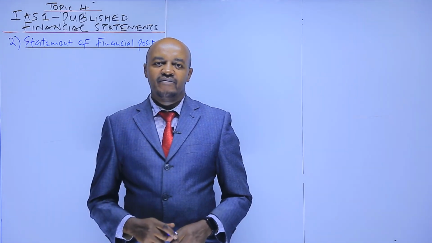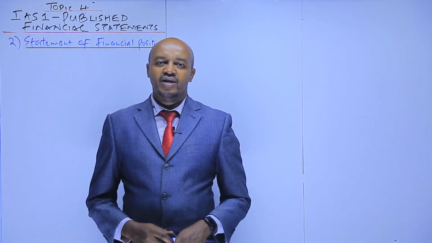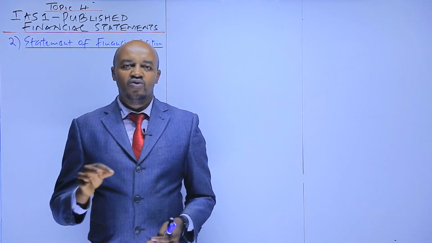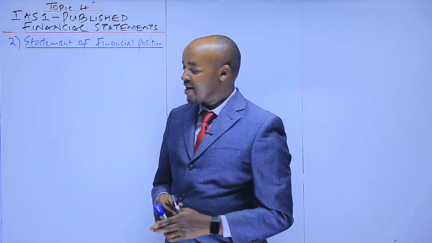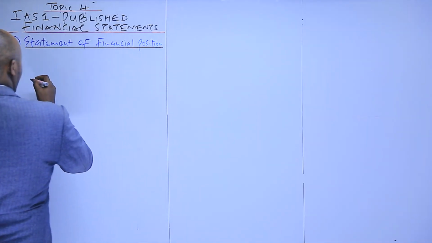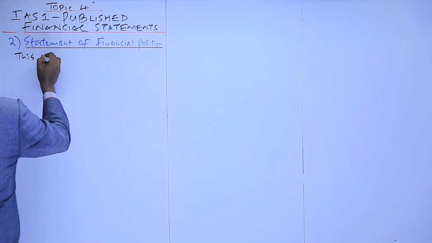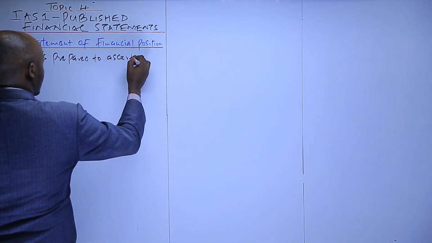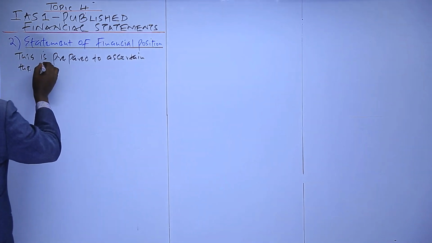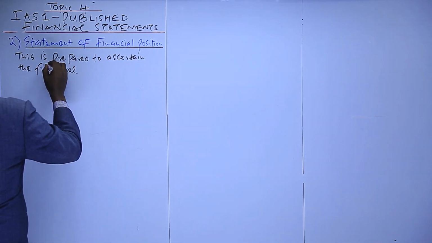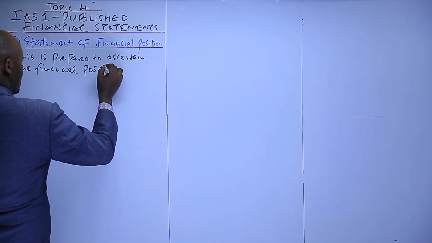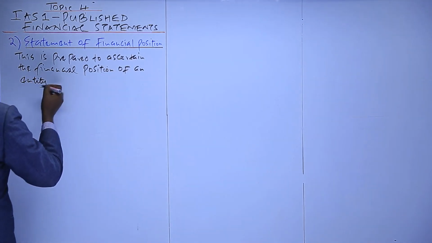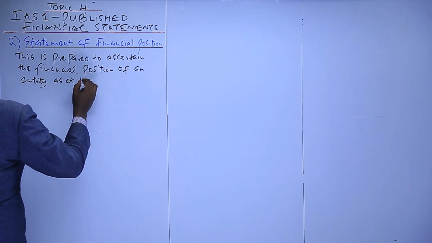Equally, when a statement of financial position is being prepared, it is prepared based on the famous accounting equation. The accounting equation states that assets are equal to what? Capital and what? And liability. So therefore, you can say that this is prepared to ascertain the financial position of an entity as at the end of the year.